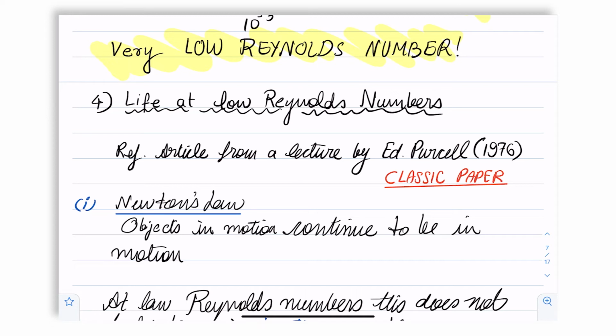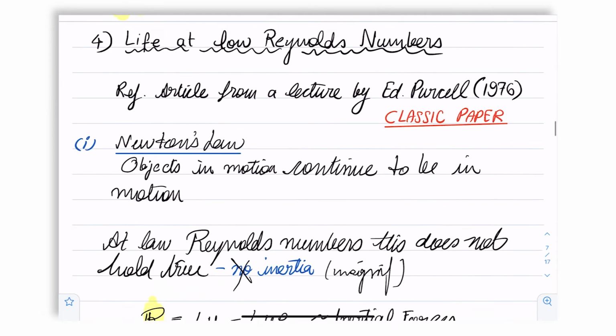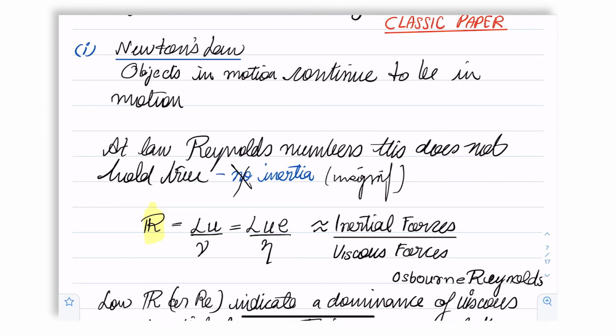Not all of us are in water all the time. We're not fish. With fish, we see this. But with single cells at low Reynolds numbers, this does not hold true. And this is the really interesting part, because there is almost no inertia, or it is insignificant. It's not that it doesn't exist, and we'll see exactly what we mean by that more precisely in a bit.